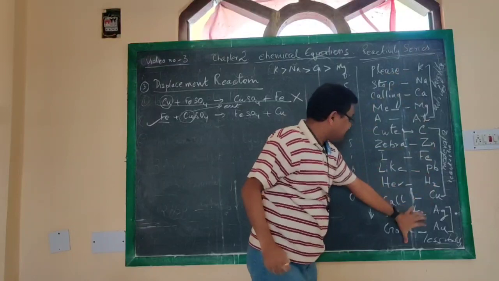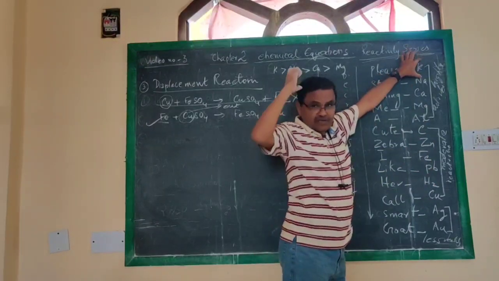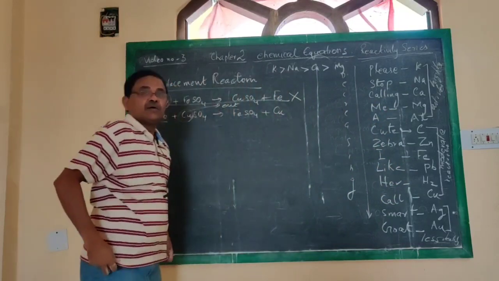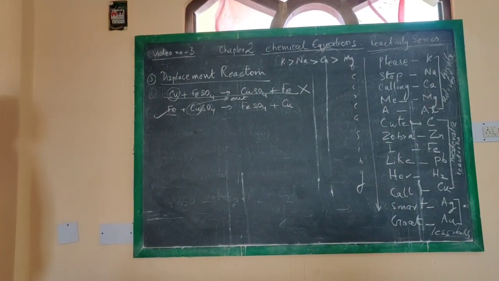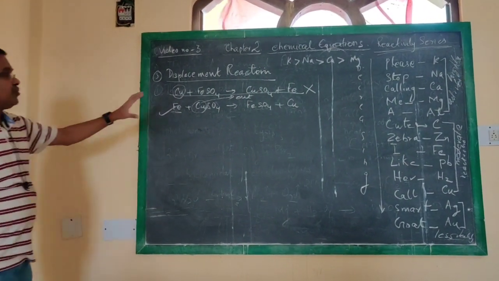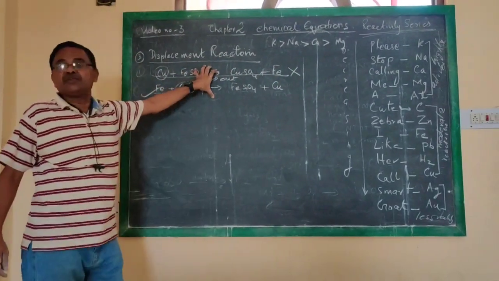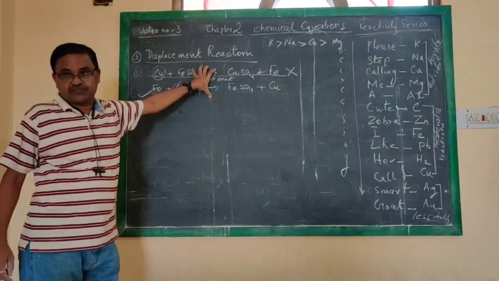That means in this series, potassium is highly reactive and gold is the least reactive. By knowing this reactivity series, we will be able to frame any displacement reaction.